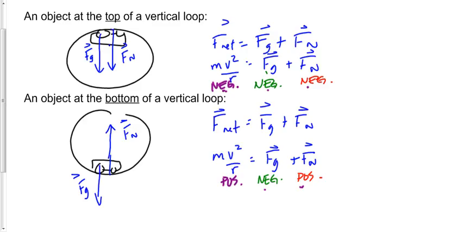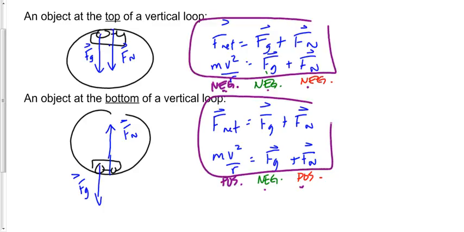Now remember, all those signs, those are great, but we're not worrying about them until we actually sub numbers in. Anytime we see a vertical circular motion question, it's going to start out like this. Whether the object is at the top of the circle or the bottom of the circle, everybody has a place to start.